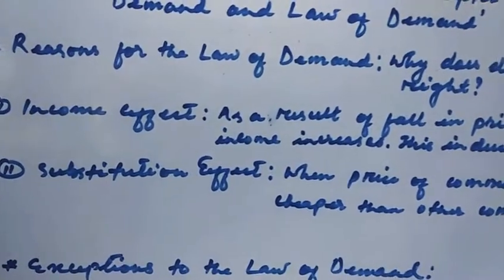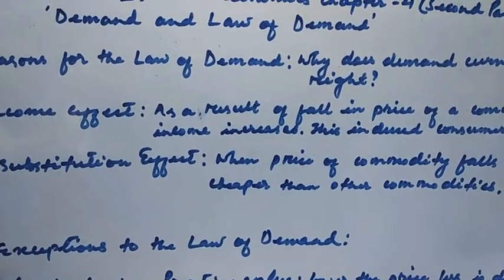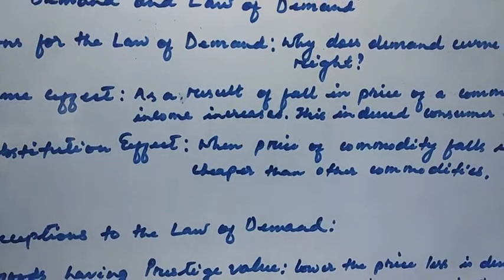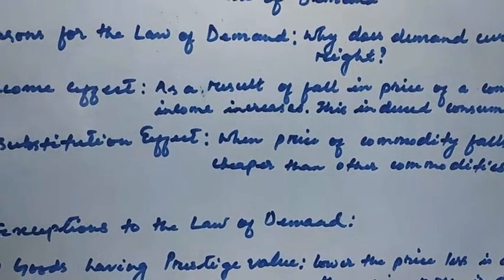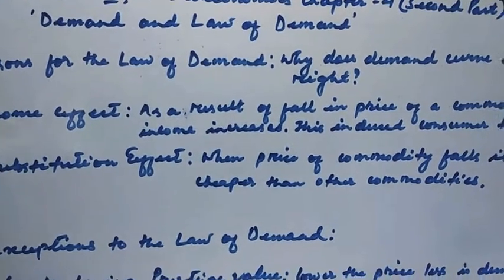Second, substitution effect. Again here, when the price of a commodity falls, it becomes relatively cheaper than other commodities, say close substitutes.